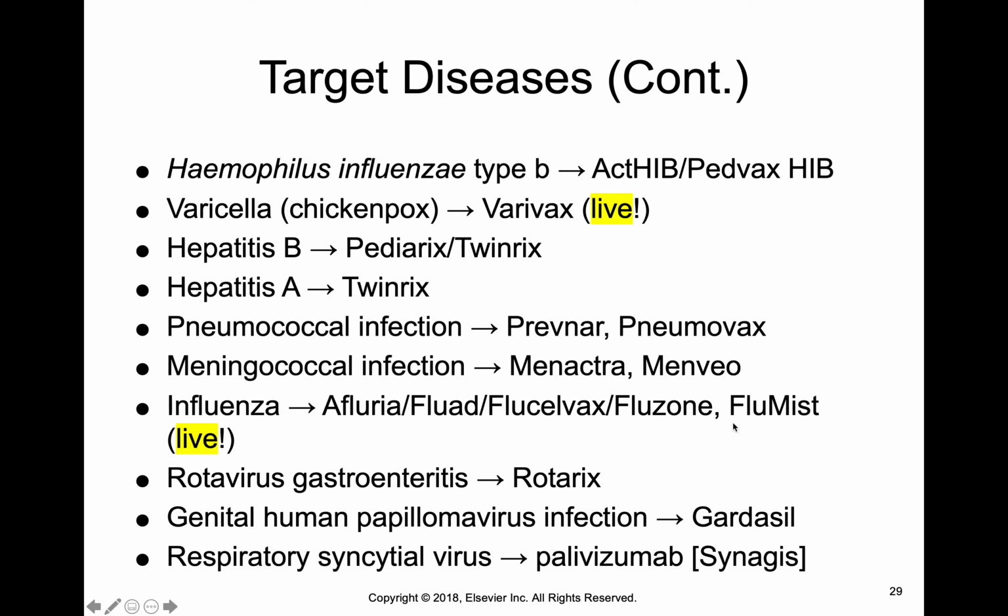The one that is right after the comma is FluMist, and you might have heard of this. This one is another live vaccine, so caution on that. But it is an intranasal influenza vaccination. You get 2 little spurts, 1 in each nostril. And so it's great for kids because there's no injection.